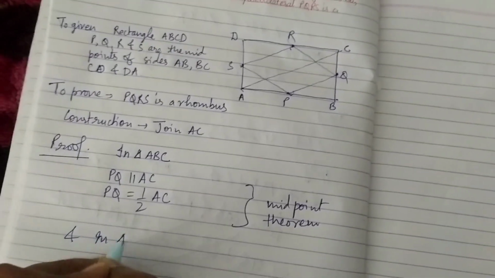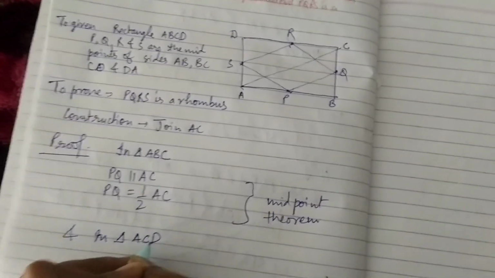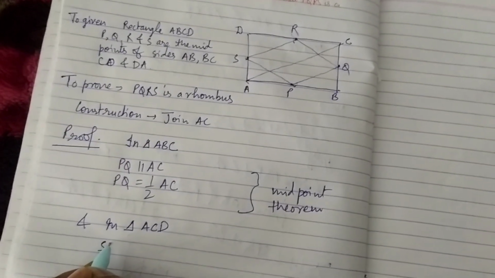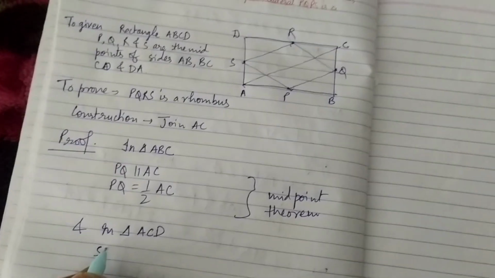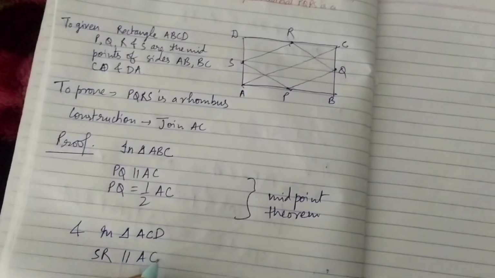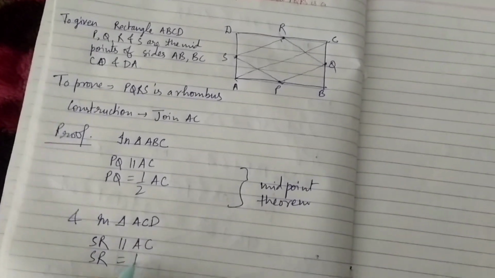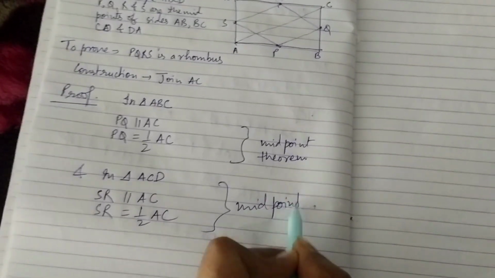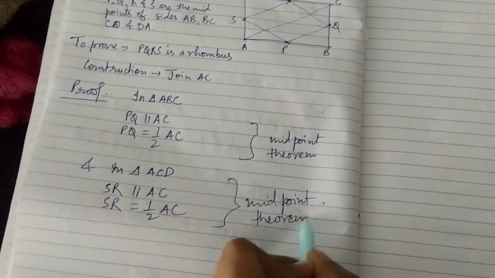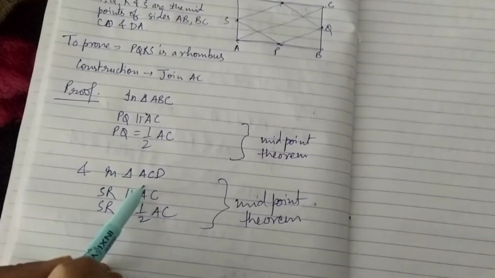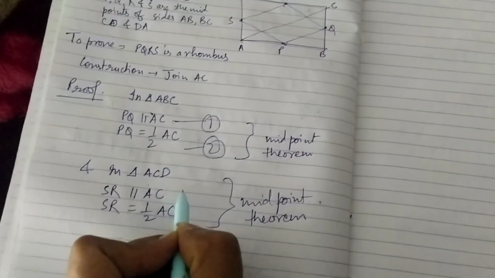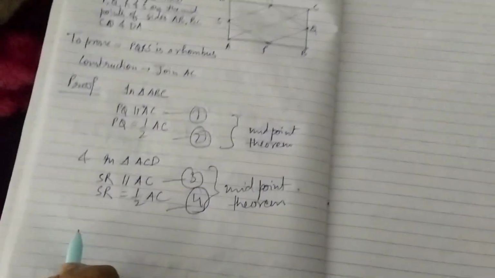And in triangle ACD, S and R are the midpoints, so the line joining the midpoints of two sides will be parallel to the third side, meaning AC, and SR will be half of the third side, half of AC. This is the midpoint theorem. Call these equations 1, 2, 3 and 4.